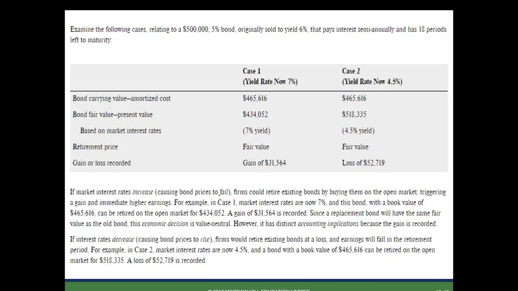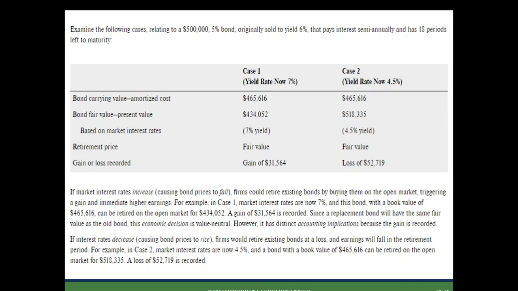So the text says that if market interest rates increase, causing bond prices to fall, firms could retire existing bonds by buying them on the open market. This triggers a gain and immediate higher earnings. For example, in case 1, the market interest rates are now 7%, and this bond with a book value of $465,616 can now be retired on the open market for $434,052.